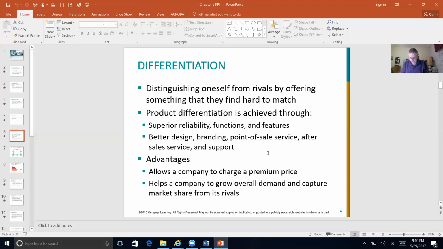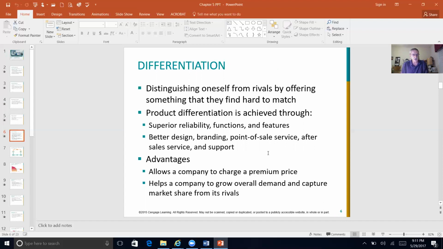And when we do a differentiation strategy, it typically gives a company two advantages. It can allow that company to charge a premium price for its goods or services, should it choose to do so. If you think about Starbucks, they're a brand of coffees where they charge a premium price. Apple products, where they charge a premium price.